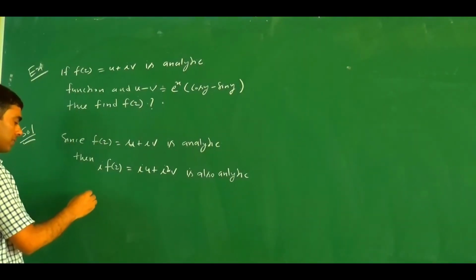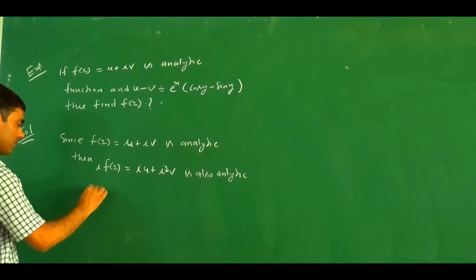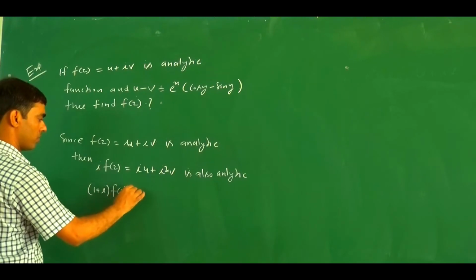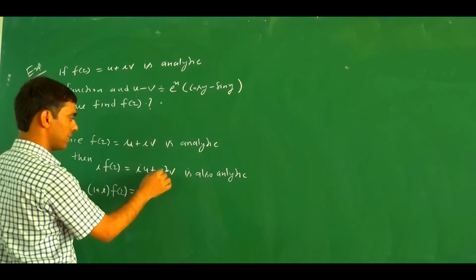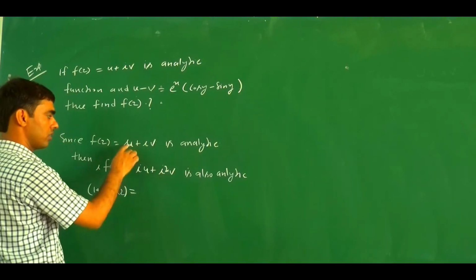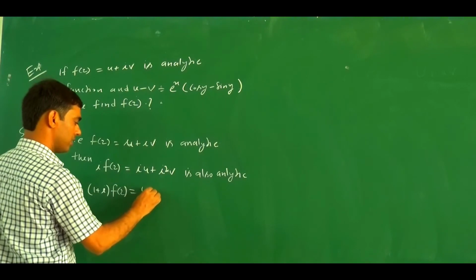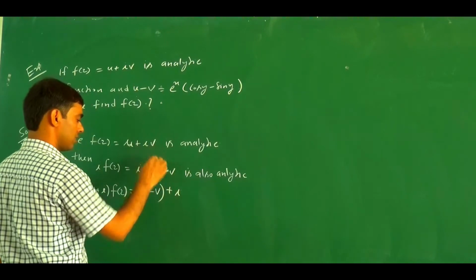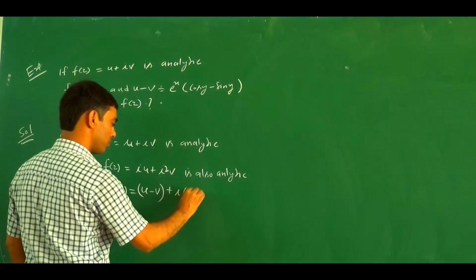If we find the sum of these, (1 + i) f(z), equating the real part, i² becomes −1, we get u − v, plus i times the imaginary part, u + v.